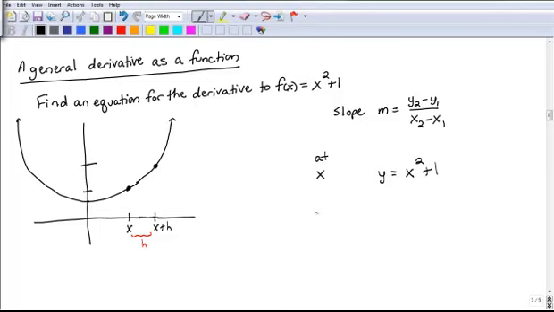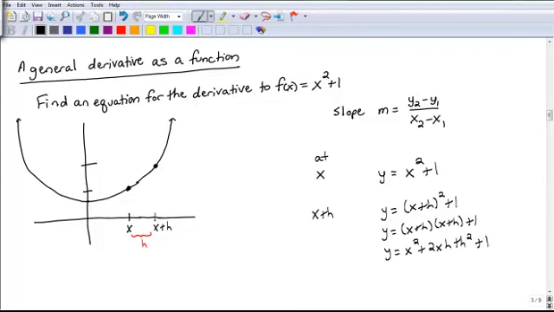And at x plus h, to find the y value, you just replace every x with an x plus h. Now I have to FOIL that, which turns out to be x squared plus 2xh plus h squared plus 1.